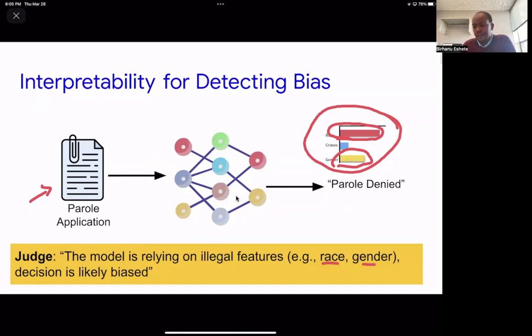So it might get the judge in trouble. So the decision is likely biased. Therefore, the judge should intervene, maybe discard everything the model is saying and rely on other evidence, like physical evidence or evidence on paper, to make their own decision. Okay, so this is one other important use case for using interpretability to detect bias.